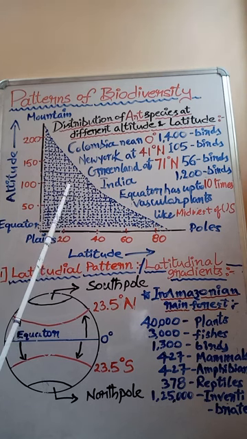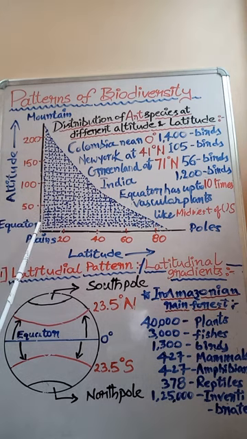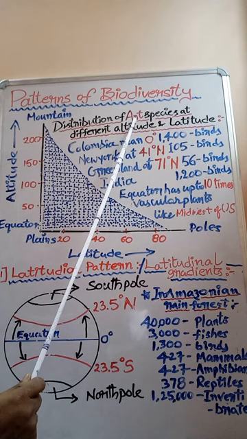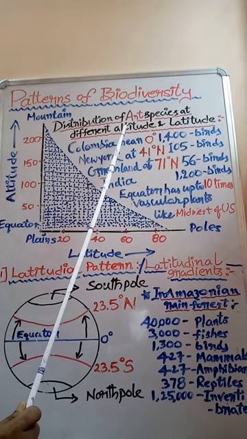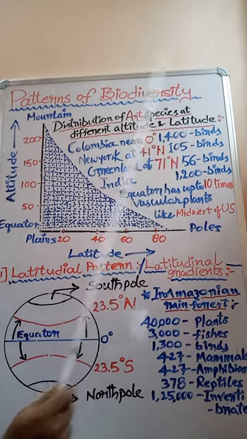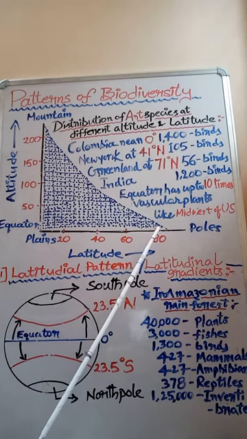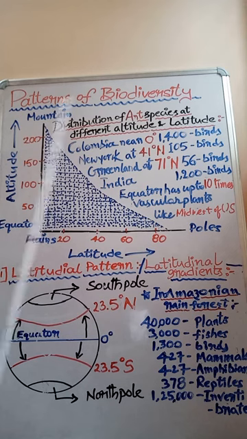So let's see this concept in a graphical representation. In this graph, if you see, one direction is altitude, one direction is latitude. Low latitudes mean the equator, and low altitudes mean plains, consisting of more different species at altitude and latitude respectively than when we go away from these places.